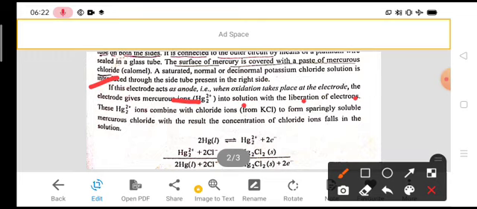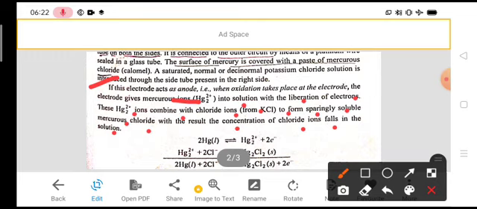These mercurous ions combine with the chloride ions from potassium chloride solution to form sparingly soluble mercurous chloride. With the result, the concentration of the chloride ions falls in the solution.